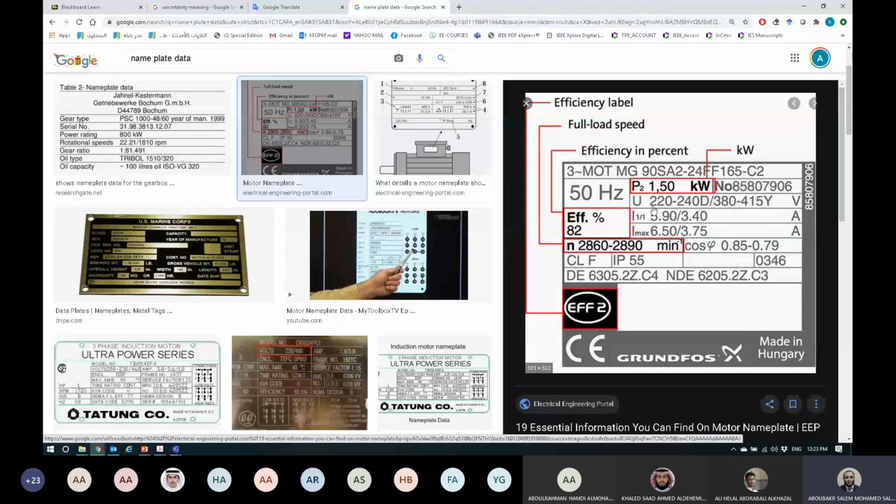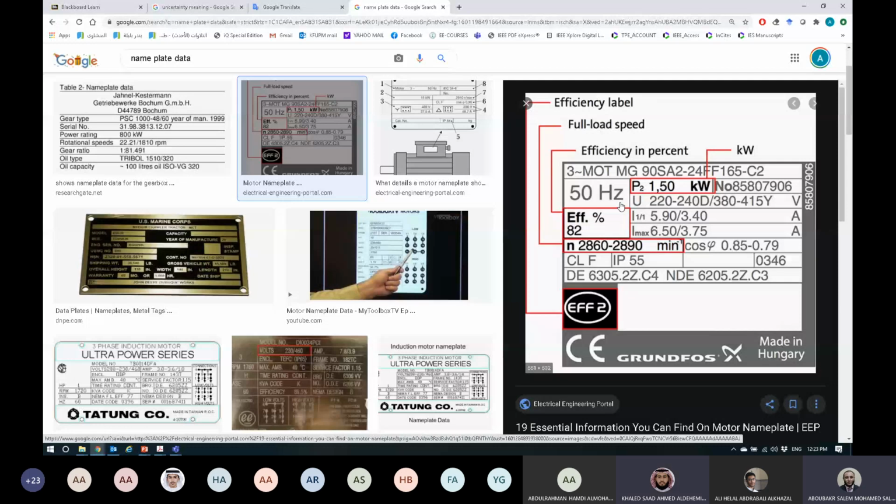What are these values? These are the rated volt. So on the nameplate data, all of the values are rated. Rated means the values that if you operate the machine or the device on these values, the machine is going to perform in the better way and perform safely without any problem.